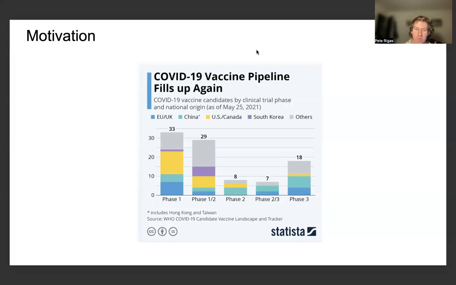And this is just to show that amongst different types of phases, there were a lot of initial testing that was being done for vaccine candidates, but that even across the world, a lot of times there can be a bottleneck, and a lot of candidates or potential treatments were dropping out in the phase 2 and the phase 2/3 phases of the trial in comparison to phase 1 or phase 1 and 2 and phase 3.